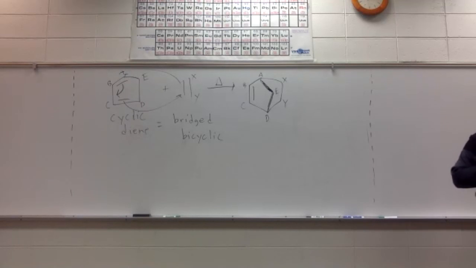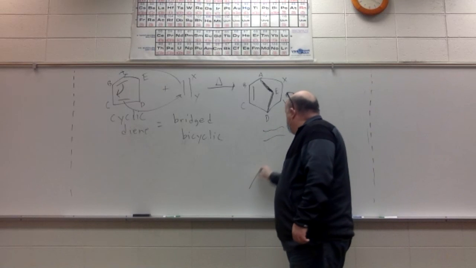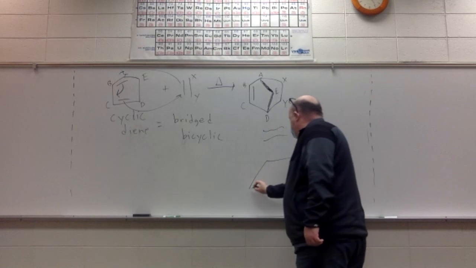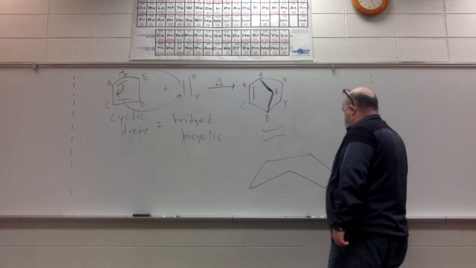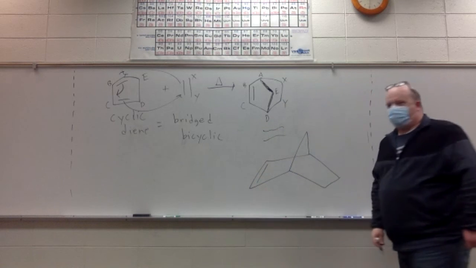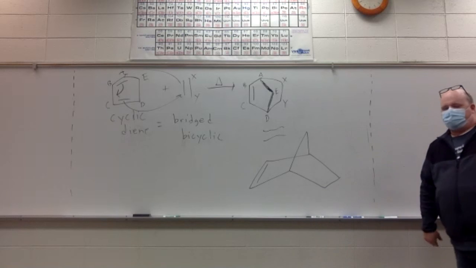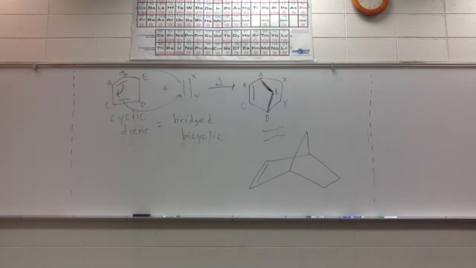But then we'll talk more about it on Friday. Just like that. Brings back some essences of chair conformations, but not quite. So keep this in your back pocket, and I will go through this and talk more about it. I'll do examples on Friday.